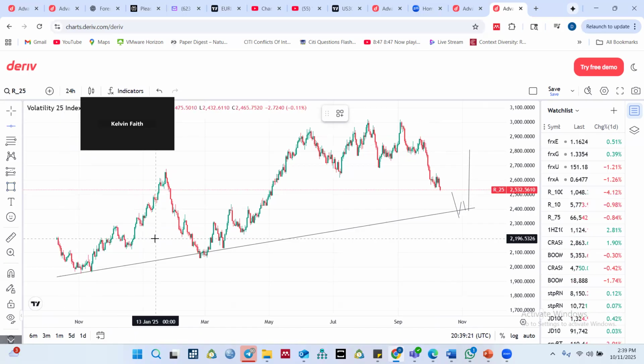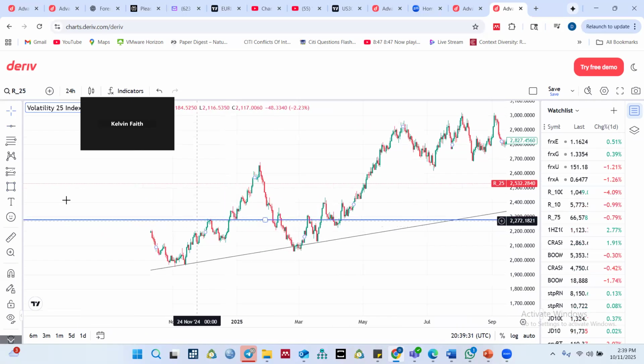So let's say you are able to get a precision support line drawn, let's say somewhere, let's see this touch. Okay, let's see where the blue line is. Check exactly here.